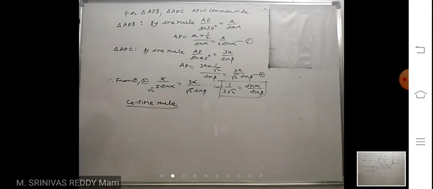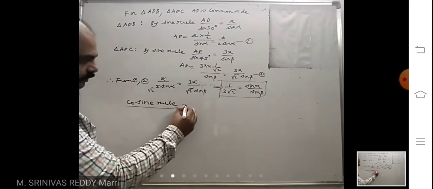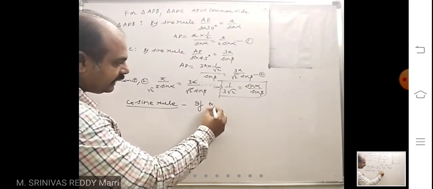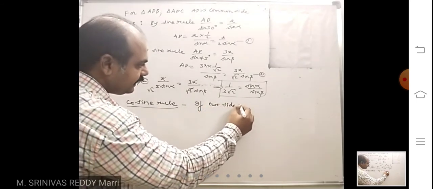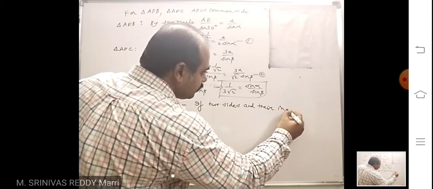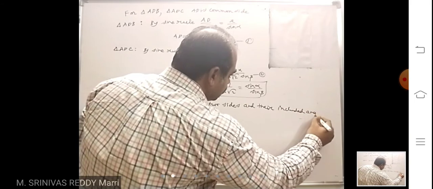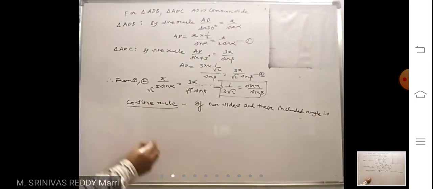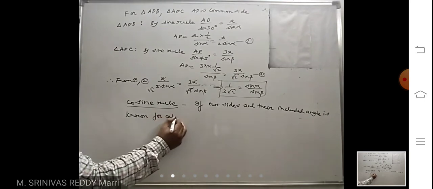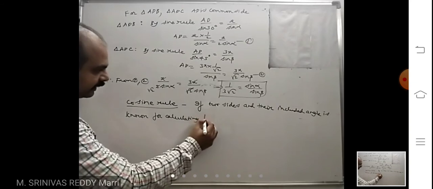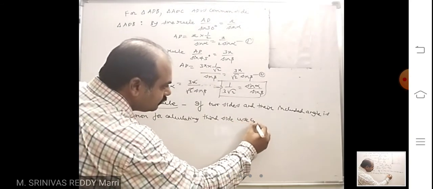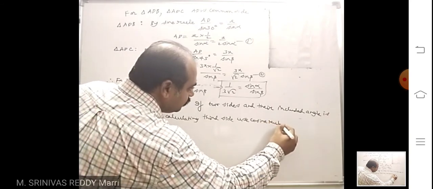This rule will be used if two sides and their included angle are known, for calculating the third side. Use cosine rule.